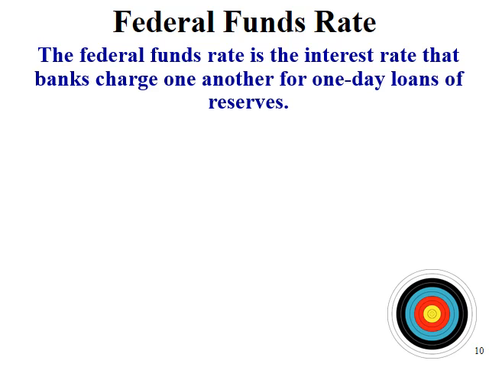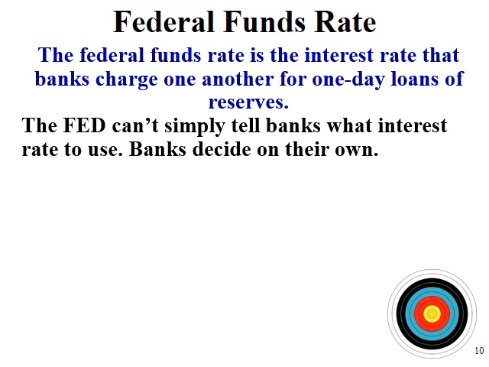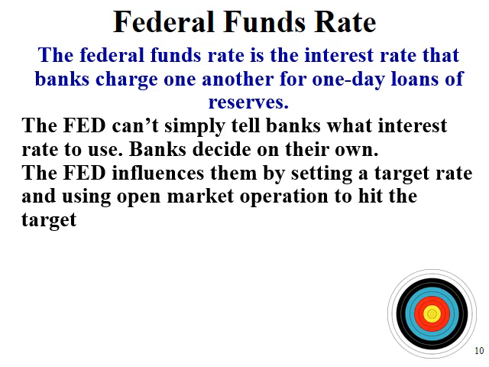Now, this federal funds rate, again, is the transaction between commercial banks. And so the Federal Reserve does not have the authority to dictate to these banks what interest rate they charge should be. The Federal Reserve does offer that discount window, or the discount rate, to these commercial banks should they not be able to find another commercial bank to make this transaction with. But again, they'd rather deal with another commercial bank than have to run to the Federal Reserve.